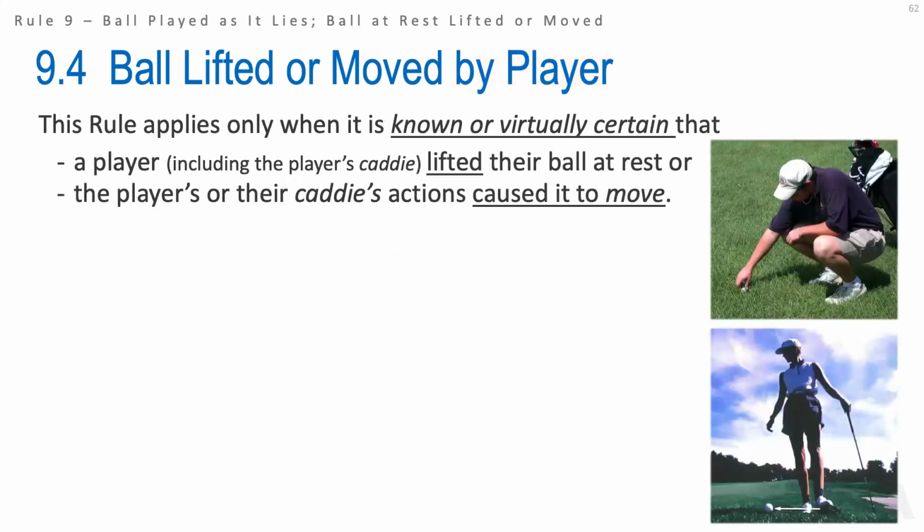So if a ball is lifted or moved by a player, this is going to apply when it's known or virtually certain, so it's this concept of 95% or more sure, that a player has lifted their ball at rest or the player or their caddie's actions have caused it to move.